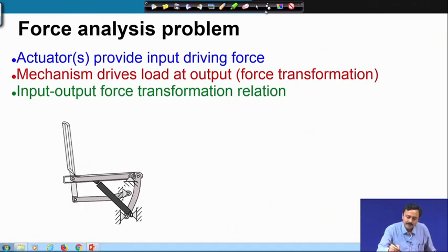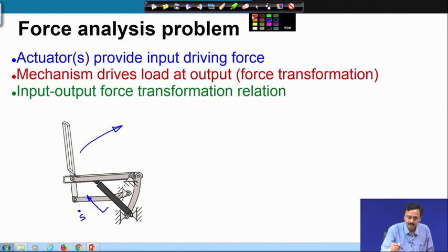Here I have this example of a transfer device. When this actuator expands, this device moves from the sitting position to the standing position. Now, there will be certain loads on the device, and therefore it is not just the motion that is being transmitted, but also the load is being carried by this actuator.